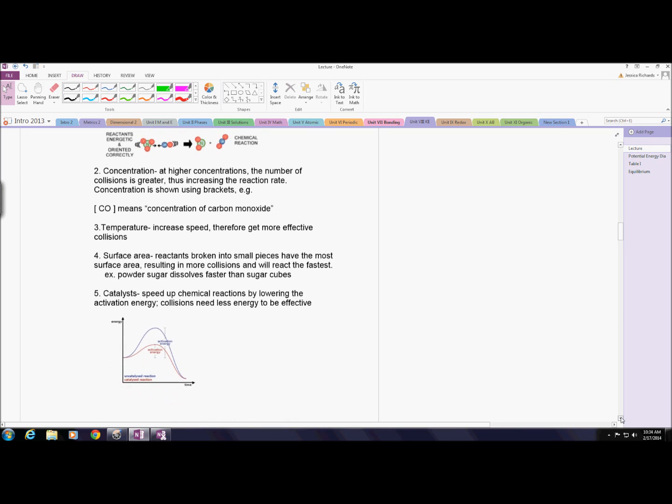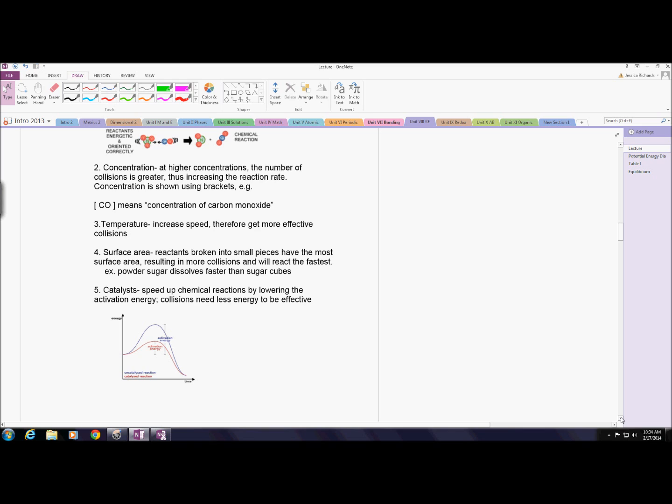One of the most important things that you're going to do is change the concentration. If I have 1 molar HCl, that says I have 1 mole of HCl particles per liter of solution.